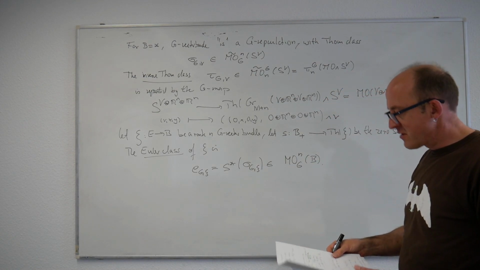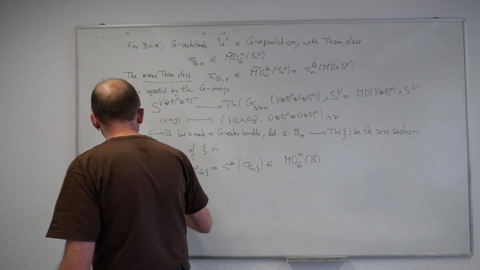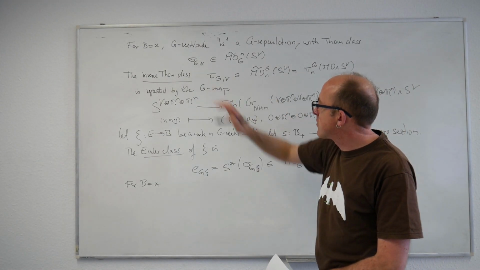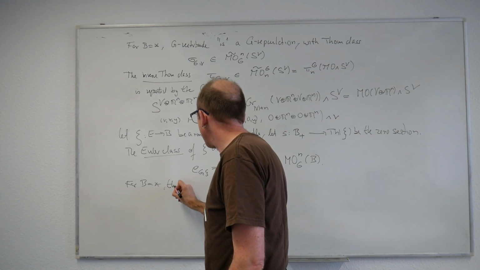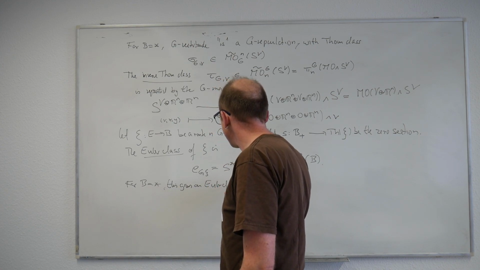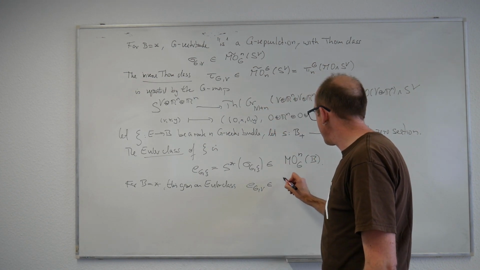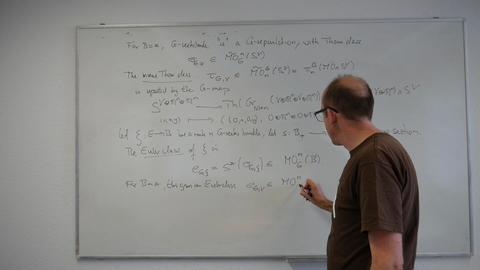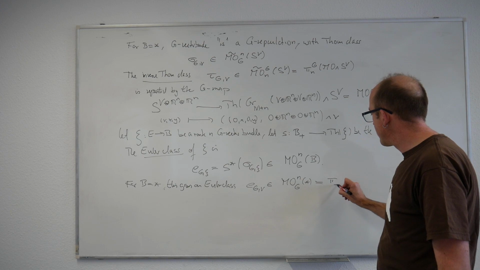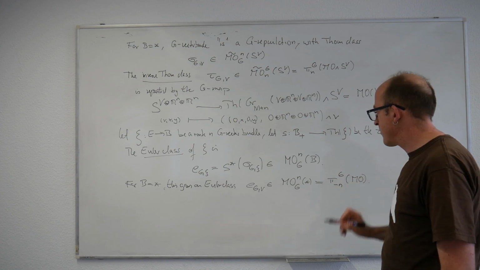So in particular, if we do this for a representation, for B equals a point, and then we confuse vector bundles with representations, this is where the Thom class lives. This gives an Euler class, which I write e_G(V), and this will now lie in MO_n^G of the point. That's the base, but this is the same as the homotopy group in dimension minus n, G-equivariant, of MO.